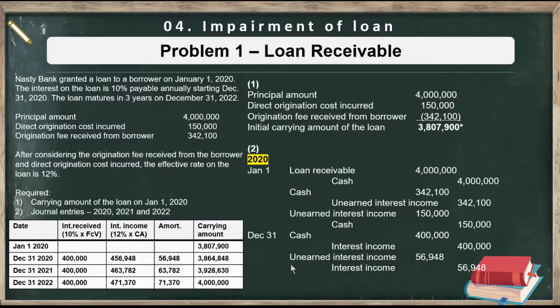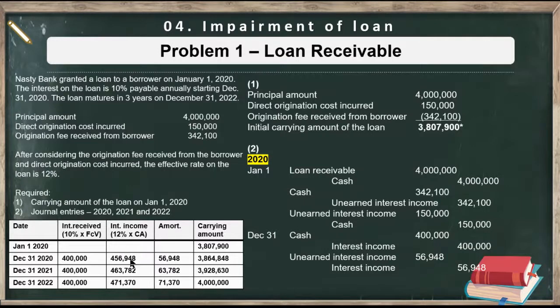If asked for the face amount of the loan, it is still 4 million. If you're asked how much is the initial carrying amount of the loan, the answer is 3,807,900. If you're asked how much is the interest income in 2020, you can look at the table.